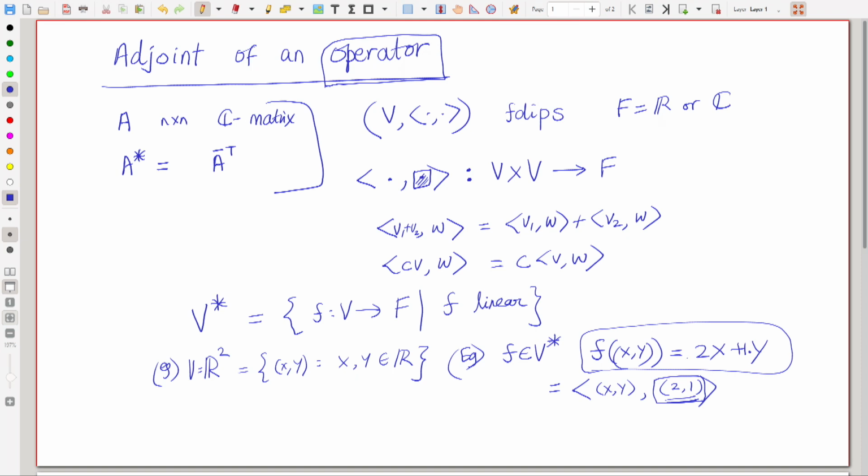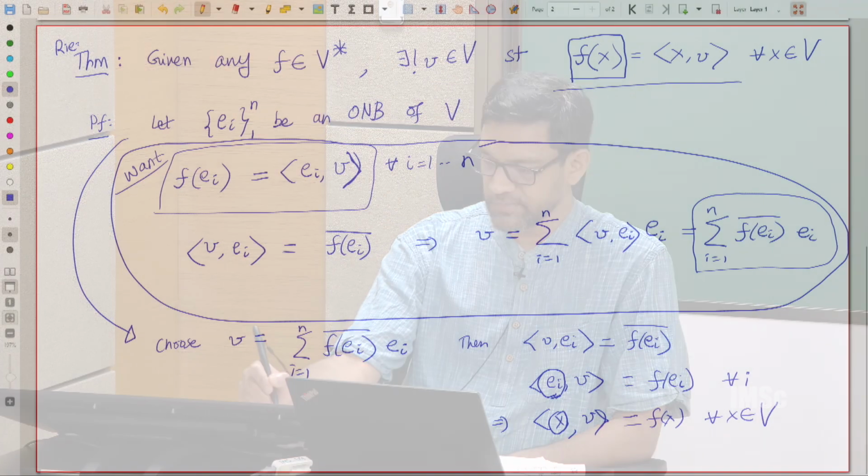Any linear functional pretty much has this form: the coordinates x1, x2, x3 will all have some coefficients in front of them, and you pull those coefficients together and think of it as your vector v. That is more or less what the proof is saying. This is not a very deep statement, but it is a very important point of view, and this particular theorem is called the Riesz representation theorem.